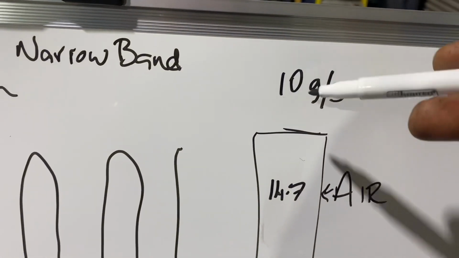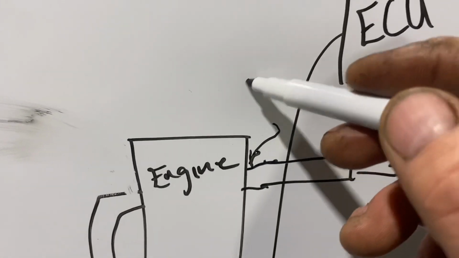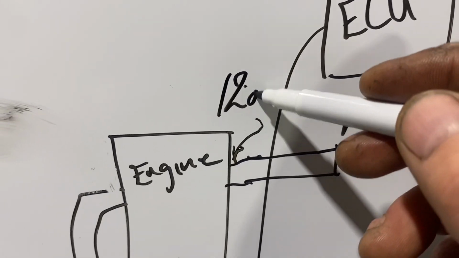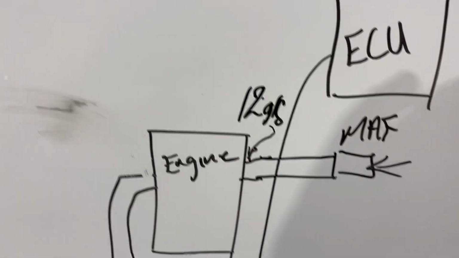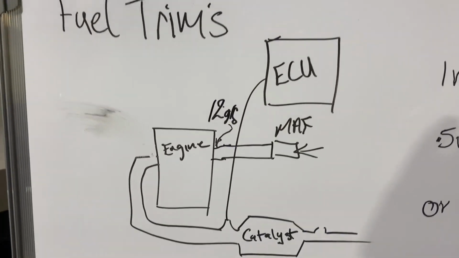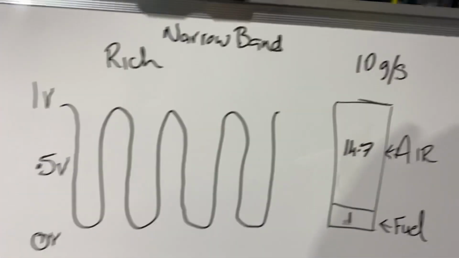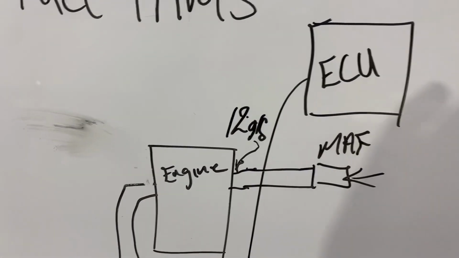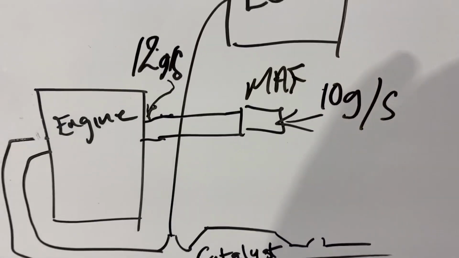So we have 10 grams of air per second being seen going in. We're putting in enough fuel for that 10 grams of air, but really we have maybe 12 grams of air per second going in. So what we have here on this car is a lean condition, because there's more air getting in than what the engine ECU sees.